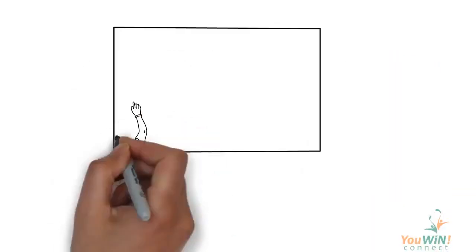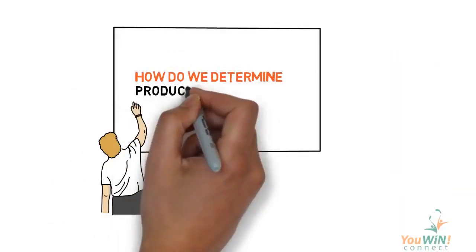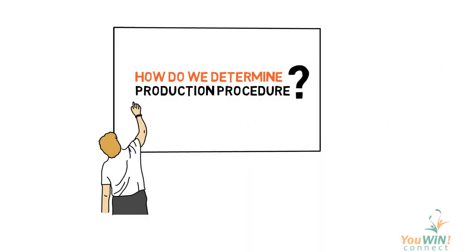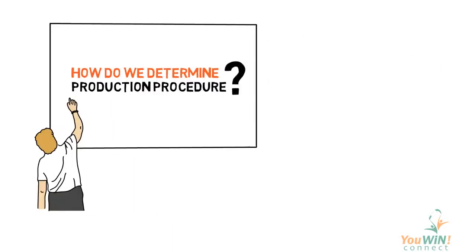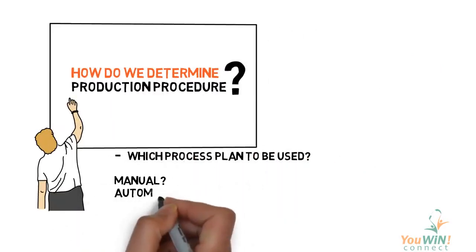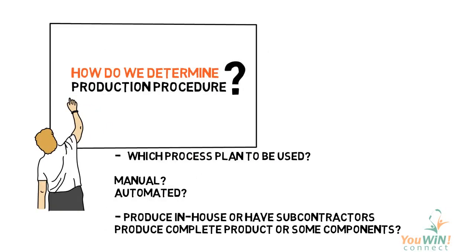So, how do we determine a production procedure? Typically, decisions to be made when deciding on a production procedure include: which process are we using? Manual? Automated? Are we producing in-house or are we outsourcing?